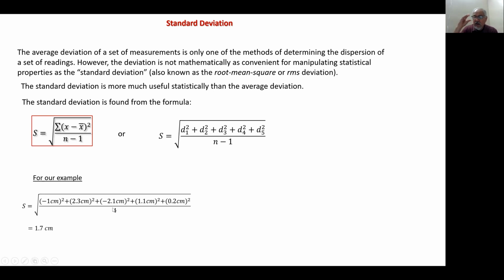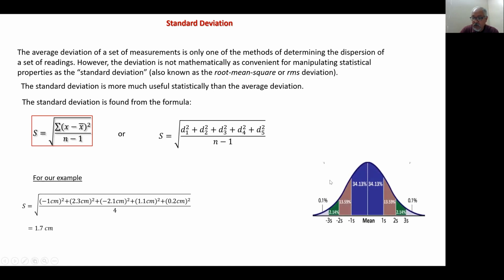Okay, now what is the meaning of this? Look, this is the graph for the standard deviation. At the center we have the mean, or the average. And if we go to the right and to the left, we have the difference of one standard deviation. So if we are in the range of one standard deviation, about 68.2% of the trials are going to be in this region, correct?